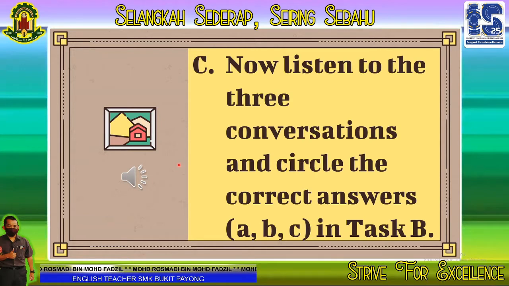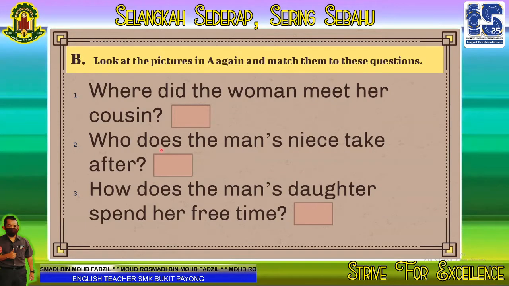Now listen to the 3 conversations and circle the correct answers A, B, C in task B. Yes. Now barulah you all copy these questions. Baru salin soalan ni. Okay, the instruction is C, salin arahan C, tapi soalan salin number 1, 2 and 3 ni.